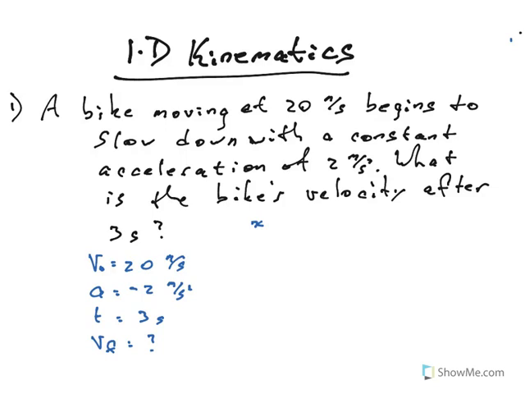Well, we have x equals v naught t plus 1/2 at squared. Another equation we have is vf squared is v naught squared plus 2ax. And lastly, acceleration is change in velocity over time.